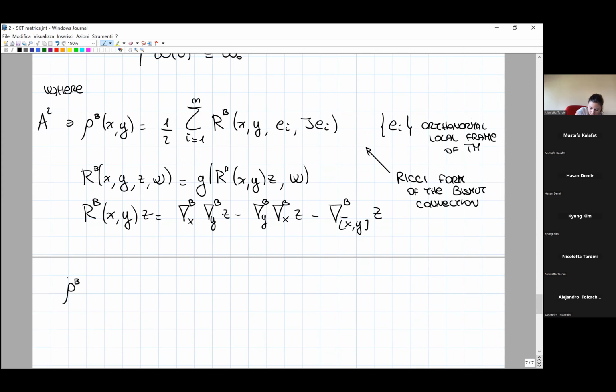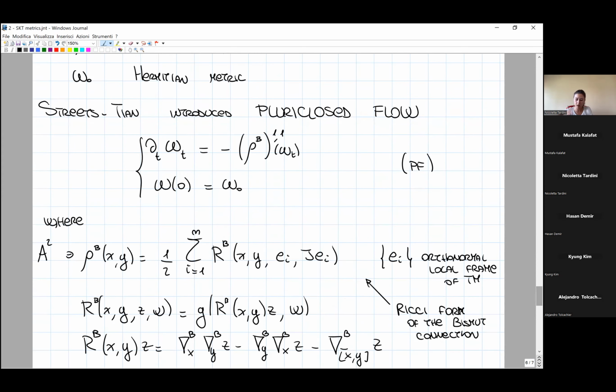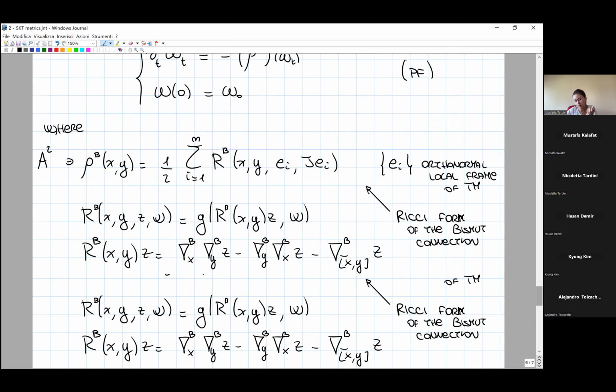So rho B 1,1 is the 1,1 component of rho B. So this flow, you are flowing your metric along this Ricci form. And it turns out that if you start with an SKT metric, this flow preserves the SKT condition because the 1,1 part of rho B is Aeppli closed actually.